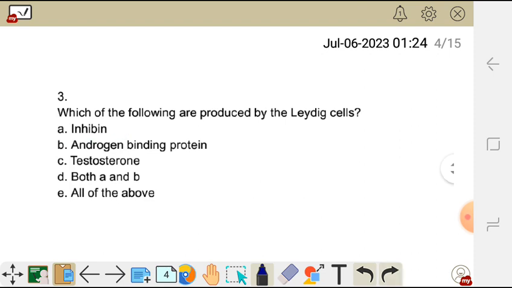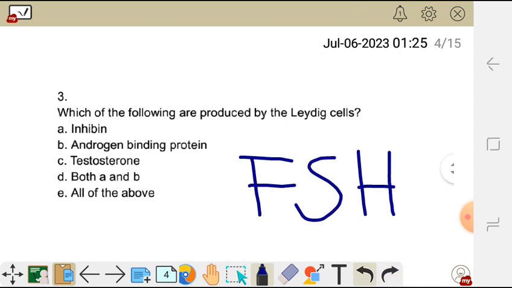Inhibin and androgen binding protein are produced by the Sertoli cells. The Sertoli cells produce inhibin, which inhibits the pituitary gland from releasing follicle stimulating hormone, and also luteinizing hormone.